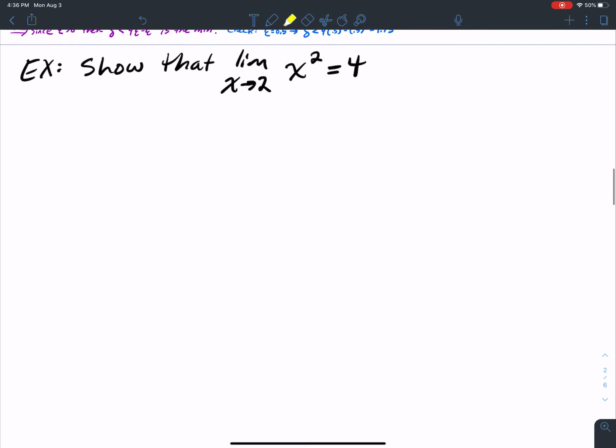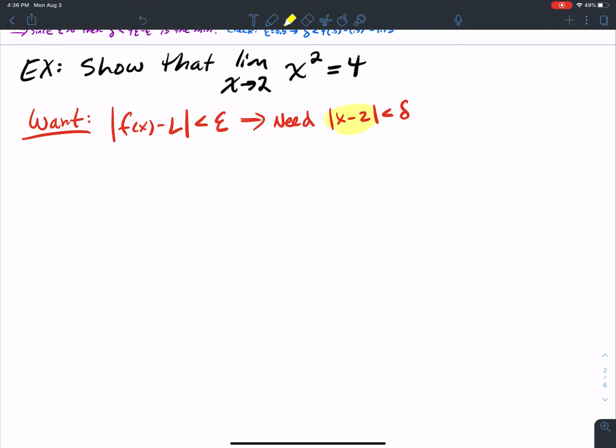So let's do it. What do we want? I want the absolute value of f of x minus L less than epsilon. That's my ultimate goal. What do I need for that to be true? I need to have |x - c| less than delta. That's the precise definition, okay?